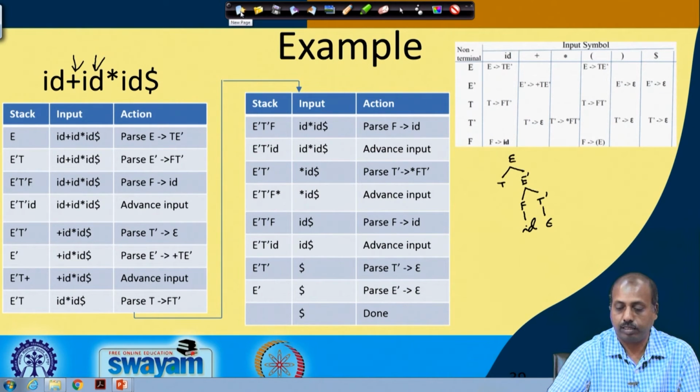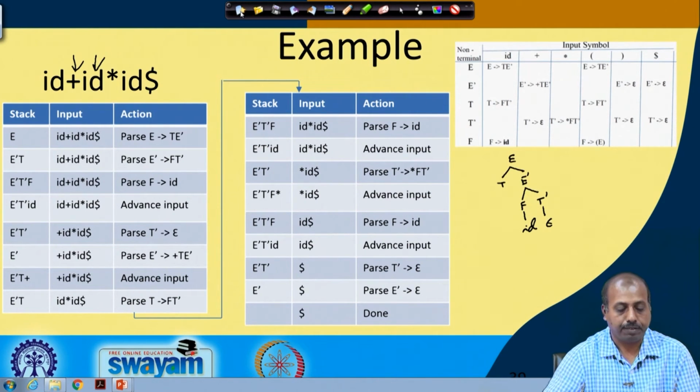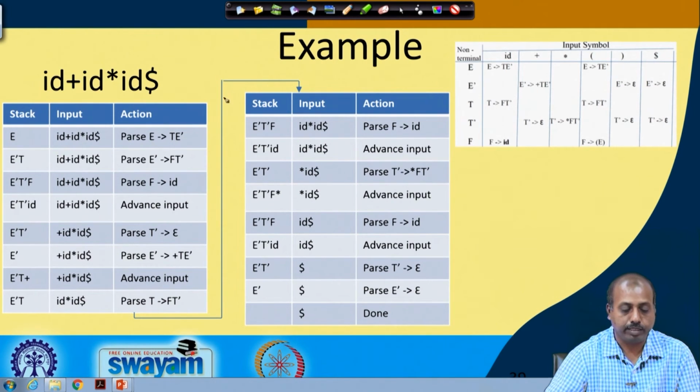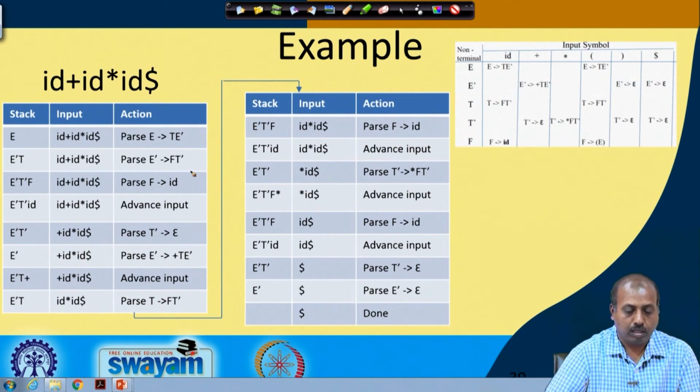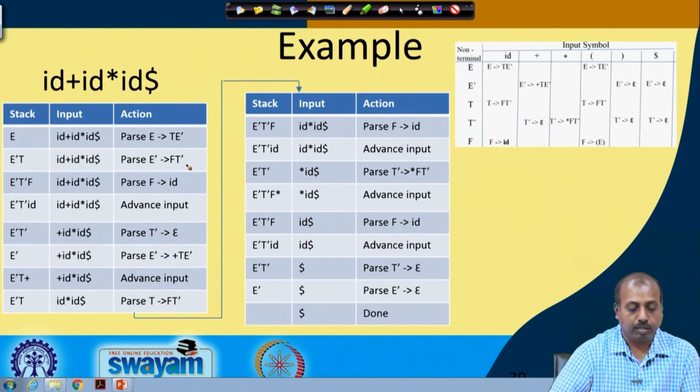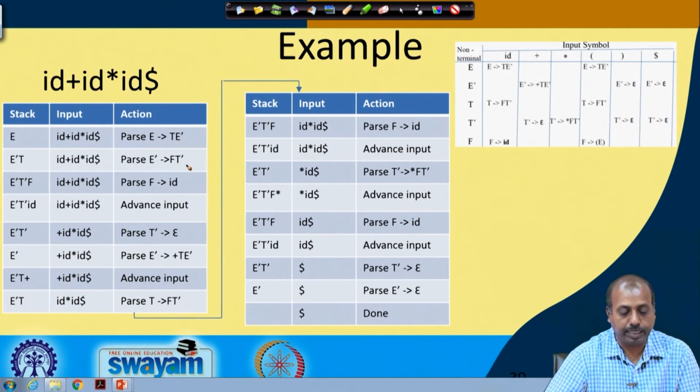So let us take some other example. So these are the actions. These actions will tell us how it will proceed, but constructing the parse tree directly from there will be a problem. Okay. So we will take some example and then explain it again.